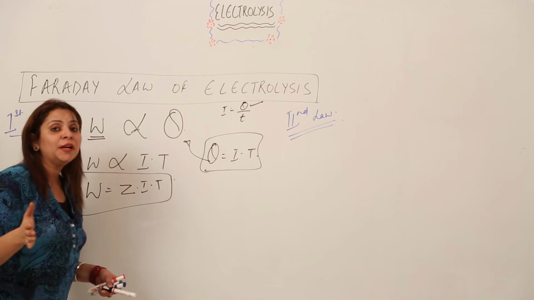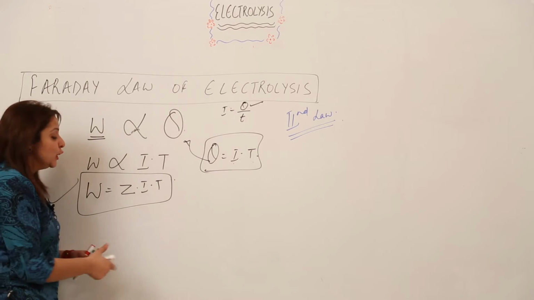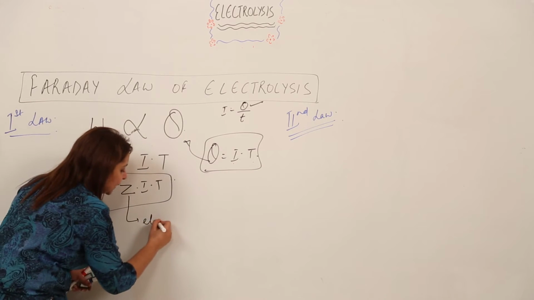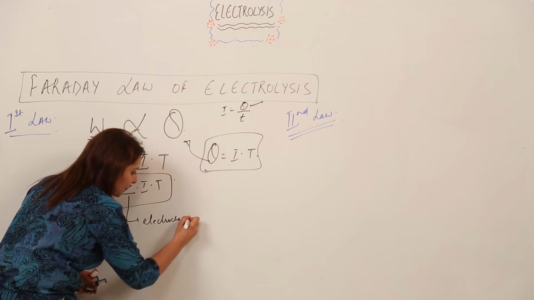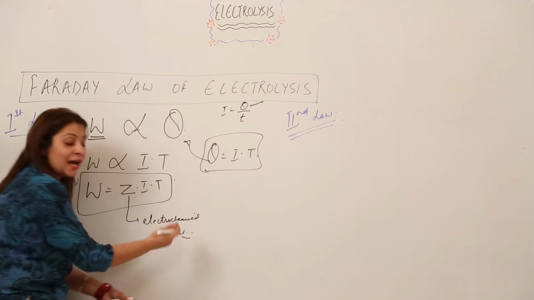Now, the question must be coming to your mind, with what name will we be addressing this Z? This is called the electrochemical equivalent. That is the constant, but it has a specific name.